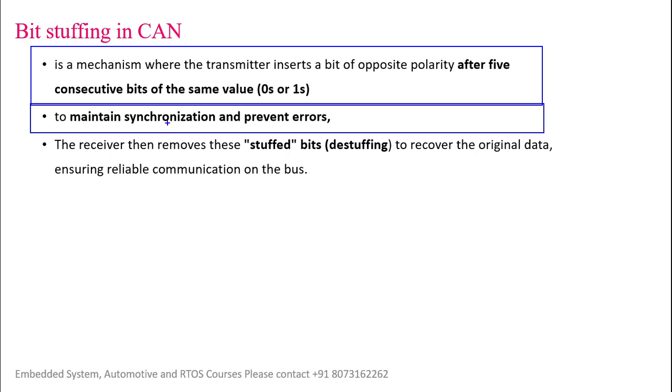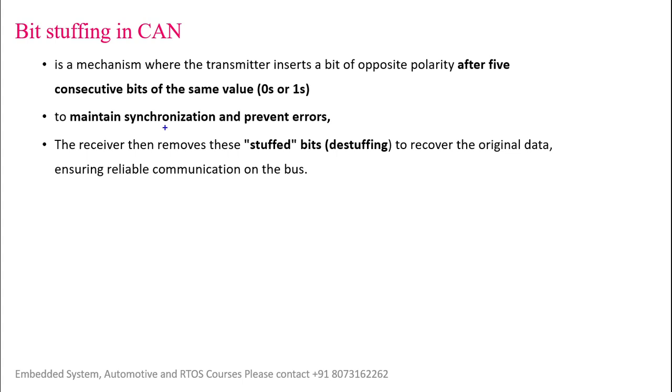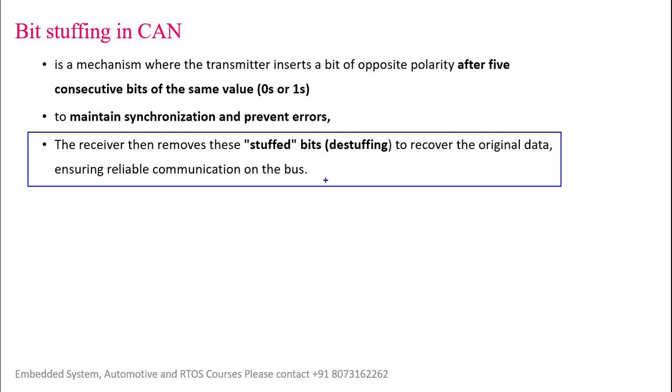To ensure the synchronization is proper, and to prevent errors. Stuffing happens on the transmitter side, and destuffing happens on the receiver side. The receiver removes the stuffed bit, which is called destuffing, to recover the original data and to ensure reliable communication on the bus.